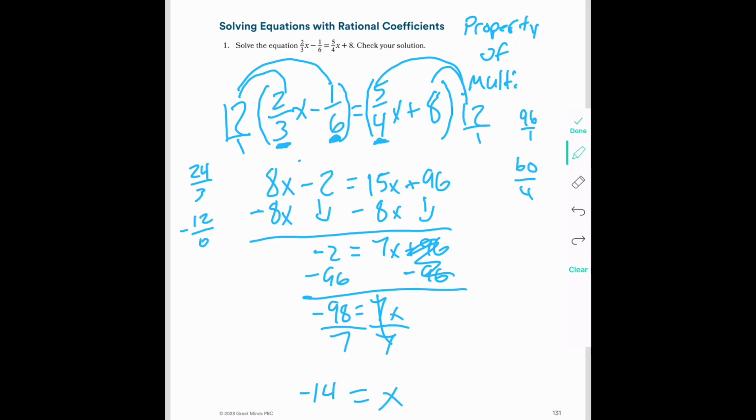So that would be 8 times negative 14 minus 2 equals 15 times negative 14 plus 96.